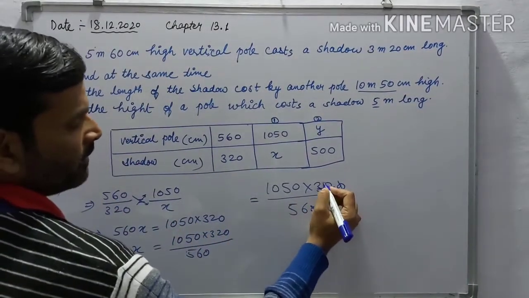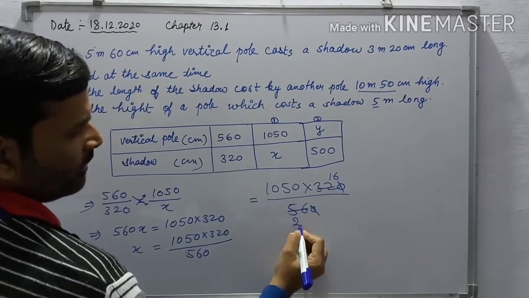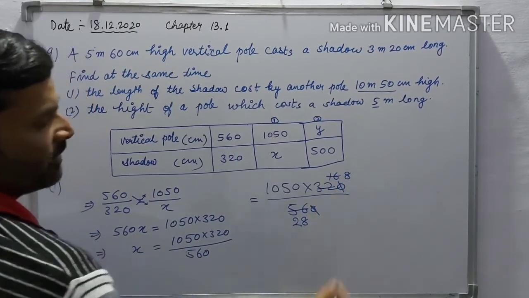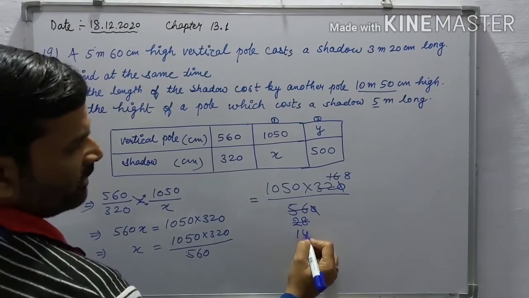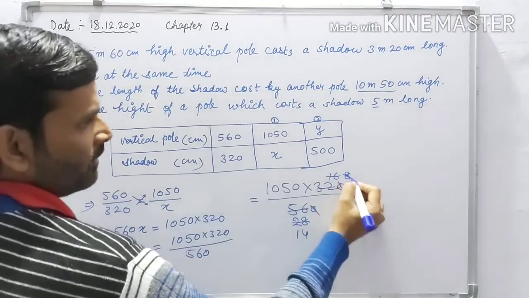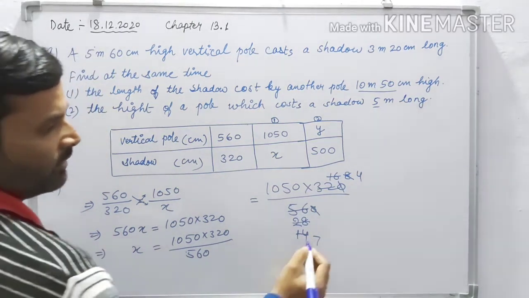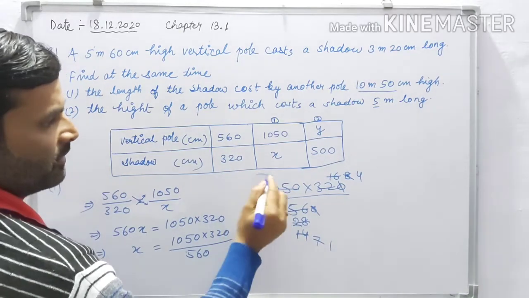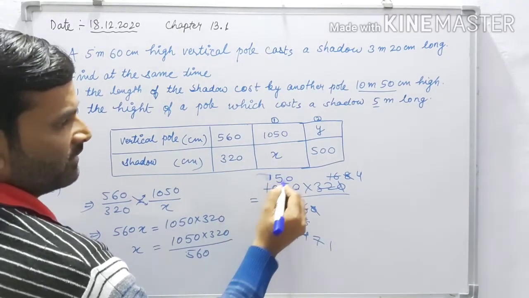2 is a 16 upon 2, 2 4 is 8, 2 8 is 16, 2 1 is 2, 2 4 is 8, 2 7 is. Okay, now 7 1 is 7, 7 5 is 35, and 0.